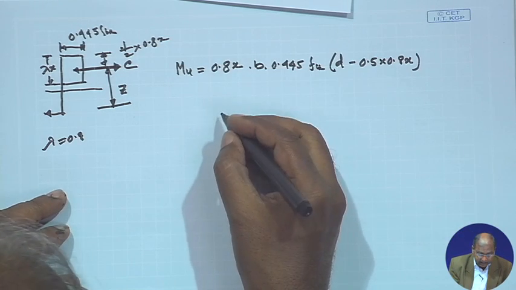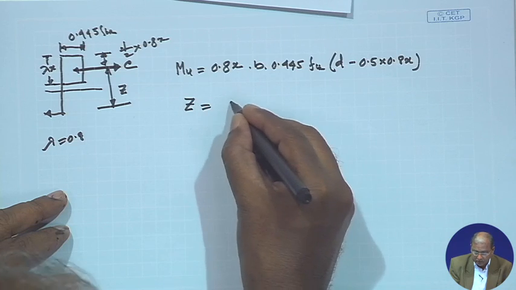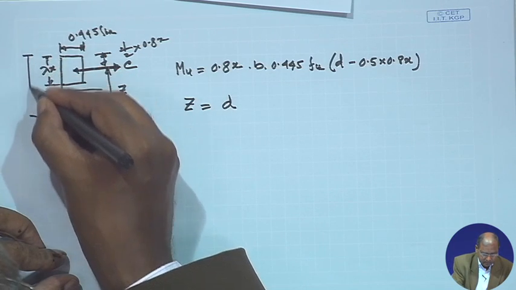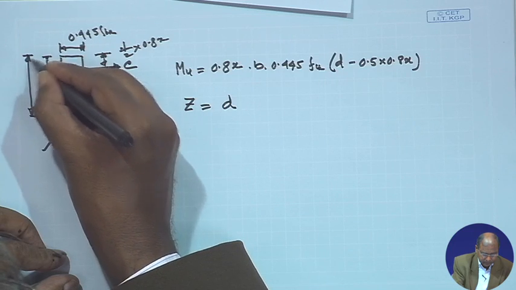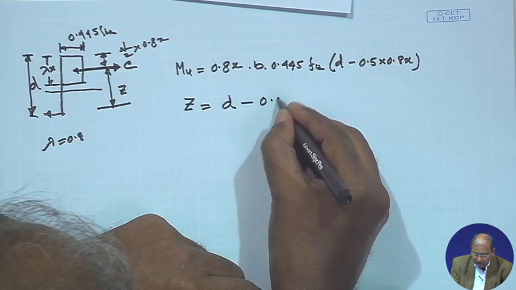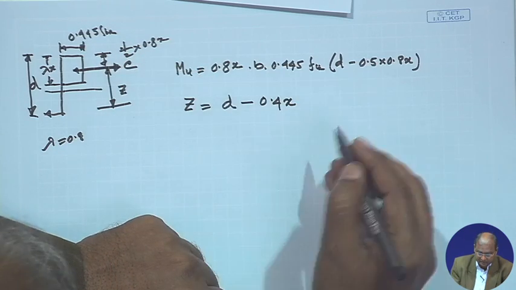So, I can say Z equal to D minus 0.4 x, because half of this is 0.4 x.